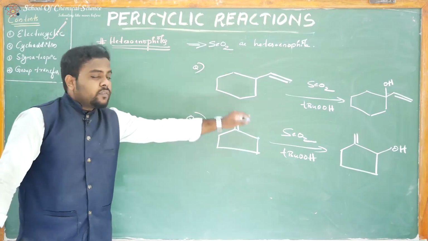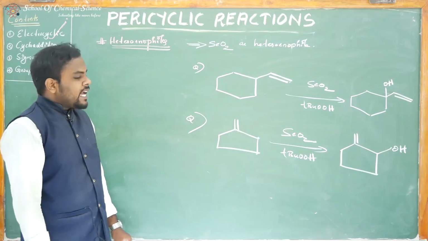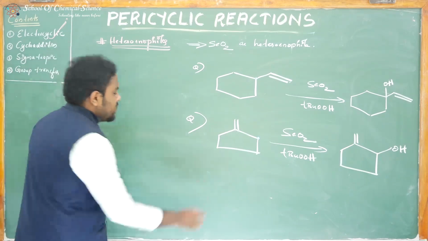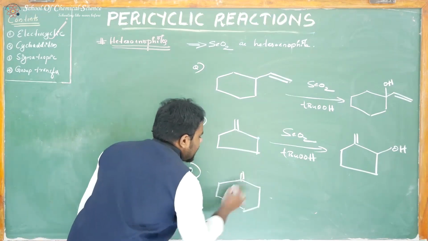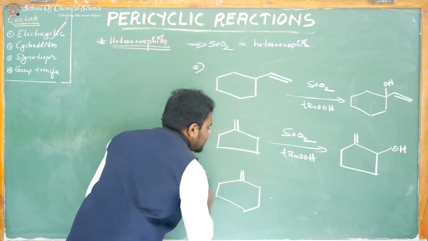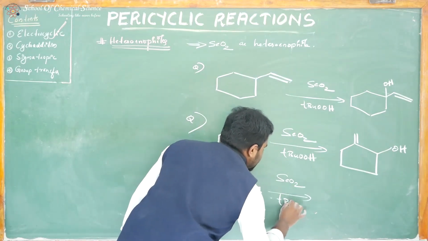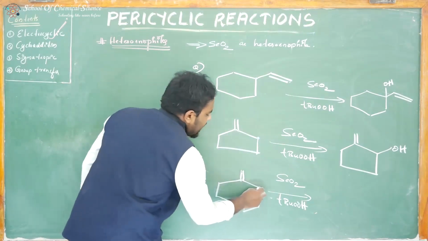For all these reactions, the mechanism follows two steps. First step is an ene reaction and second step is a 2,3 sigmatropic rearrangement. Another question. A 6-membered ring system. Here a double bond is there. On reaction with selenium dioxide and tertiary butyl hydrogen peroxide. This is an allylic carbon.